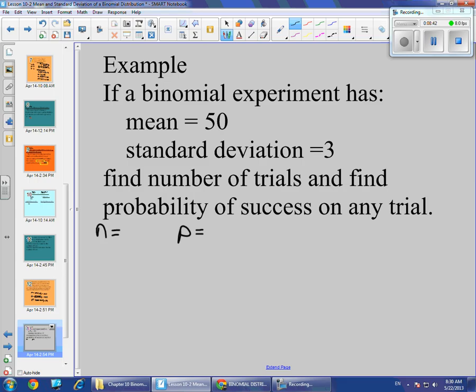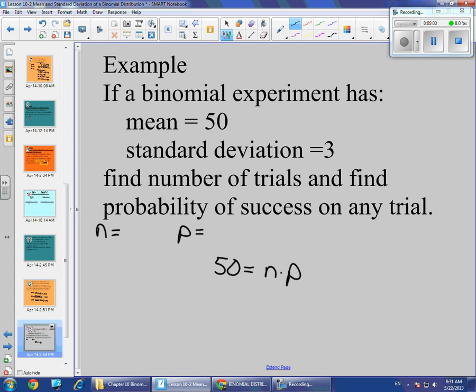Now, if they give you the mean of 50 and a standard deviation of 3, that's all we really know about the situation. So one thing you might want to do is use our formulas and write out the mean in terms of the formula, kind of a number sentence here. So the mean is 50, so I know that 50 equals n times p.